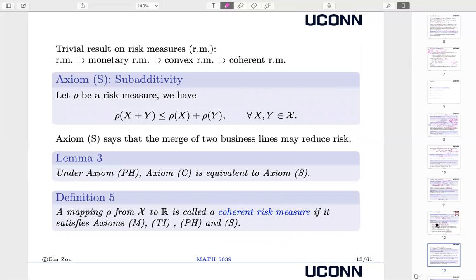We introduced the fifth axiom. It's called sub-additivity. This usually is introduced early on instead of convexity because we have this lemma: given positive homogeneity, convexity and sub-additivity are equivalent.